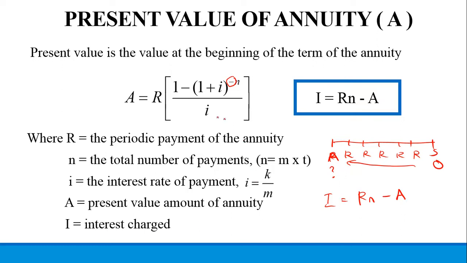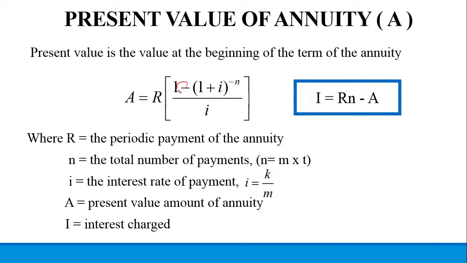The similar concept is also used for i equals r divided by m, and n equals m multiplied by t, the same as for the future value. But the difference is that you need 1 minus first, and the power of negative n.